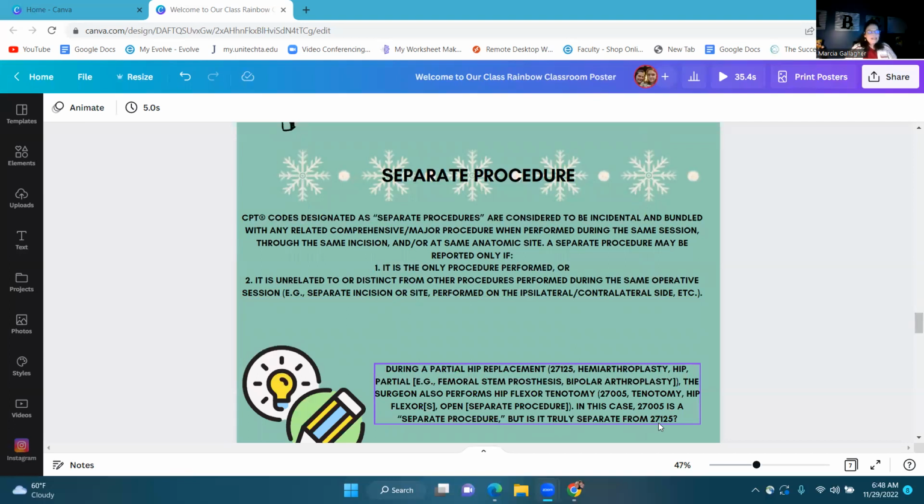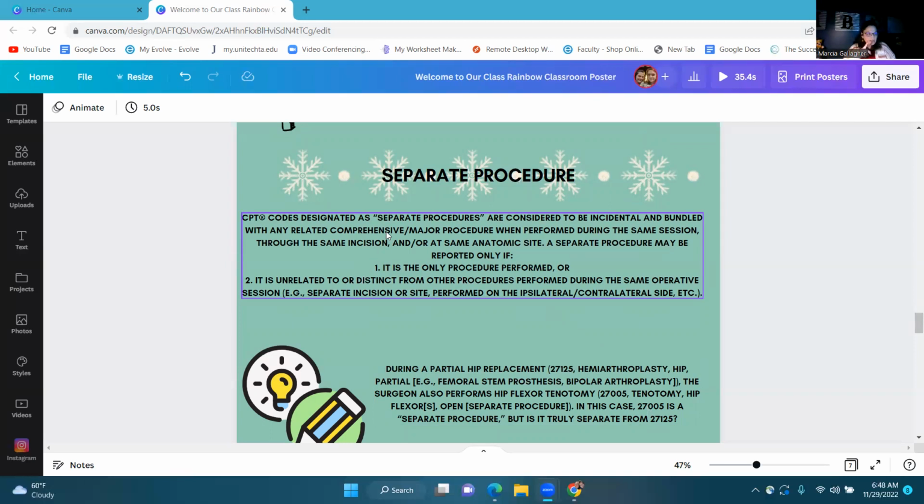It is not, because remember, if you're going in at the same incision, it is not going to be a separate procedure. It will be bundled together. So separate procedures means that you're going in through a different incision site and you're going into a different surgery that really has nothing to do with the other surgery.